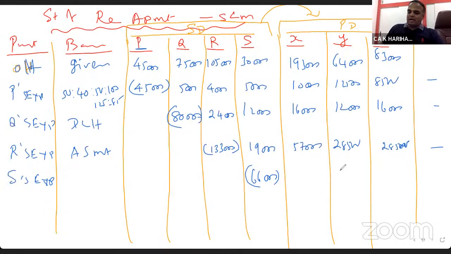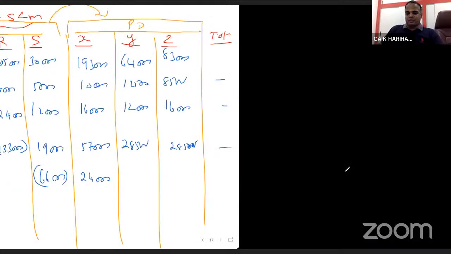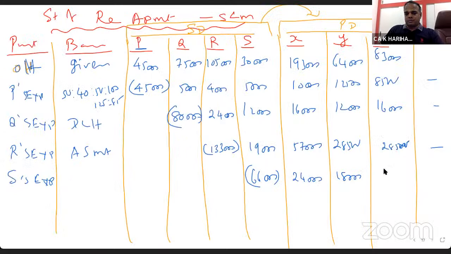So direct labor hour for X, Y, and Z in that ratio: 24,000, 18,000, and 24,000. 4:3:4. So all the service departments have been apportioned.